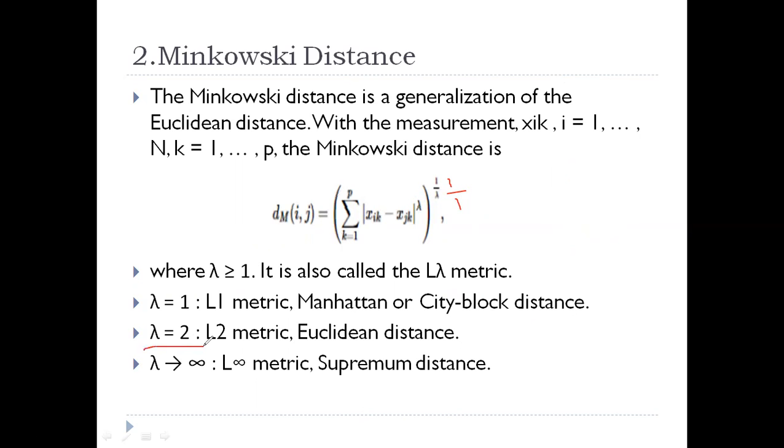If the lambda value is 2, then that is called Euclidean distance, which you have seen in the earlier slide. If the lambda value is 3, that is Minkowski distance, and for lambda values 4, 5, up to infinity, the metric comes under the supremum distance.